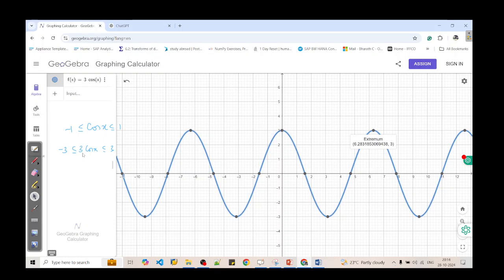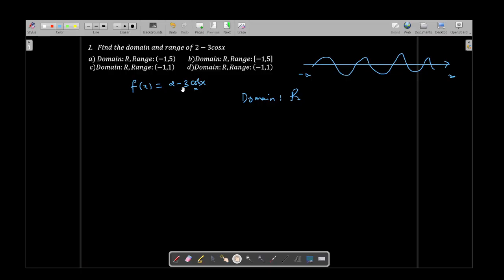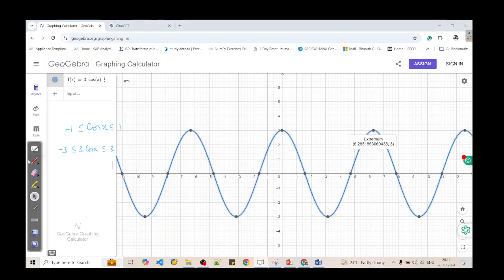So if I multiply by 3, the range changes from minus 1 to 1 into minus 3 to plus 3. Now I need to multiply by minus 1 because we have minus 3 cos x here.